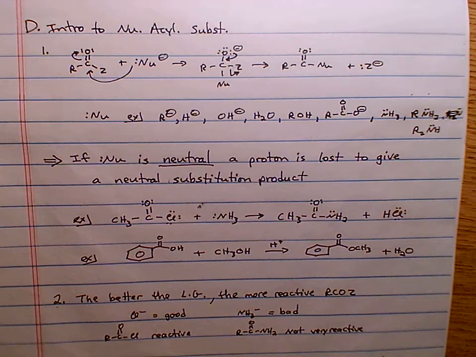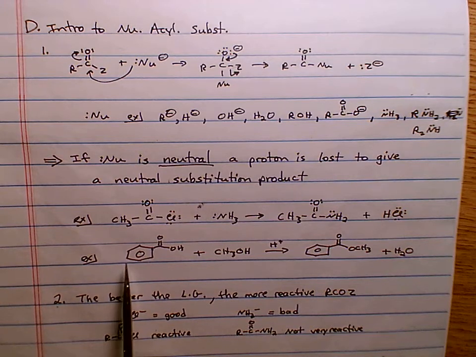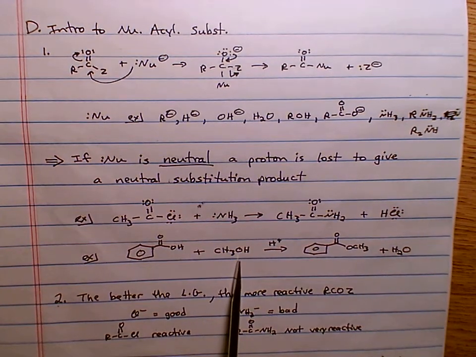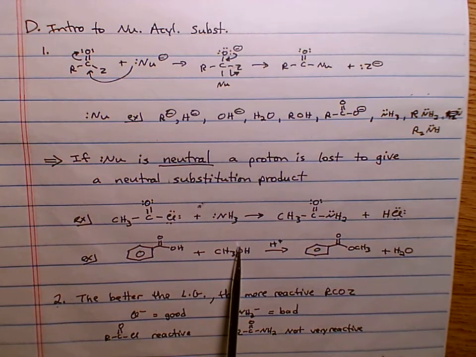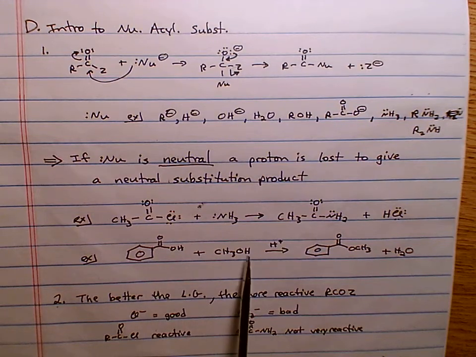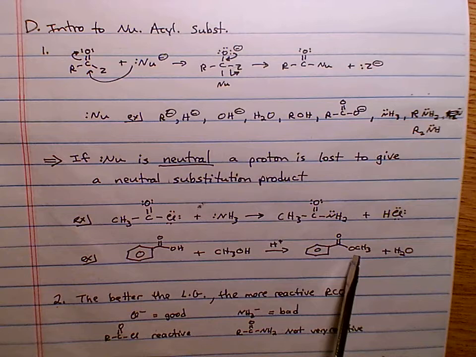Here's another example. Here, if we've got this carboxylic acid and we react it with an alcohol with H+, what we're going to find is if this oxygen attacks the carbonyl carbon, you'd have this oxygen now with 3 bonds to it, 1 to this hydrogen, 1 to this carbon, 1 to the carbonyl carbon, and it would be positively charged. Well, this proton will leave, form H2O, and we will deprotonate that nucleophile.